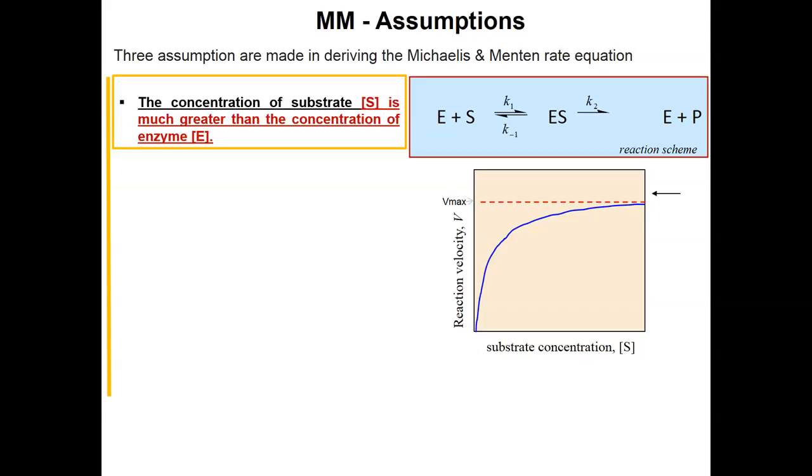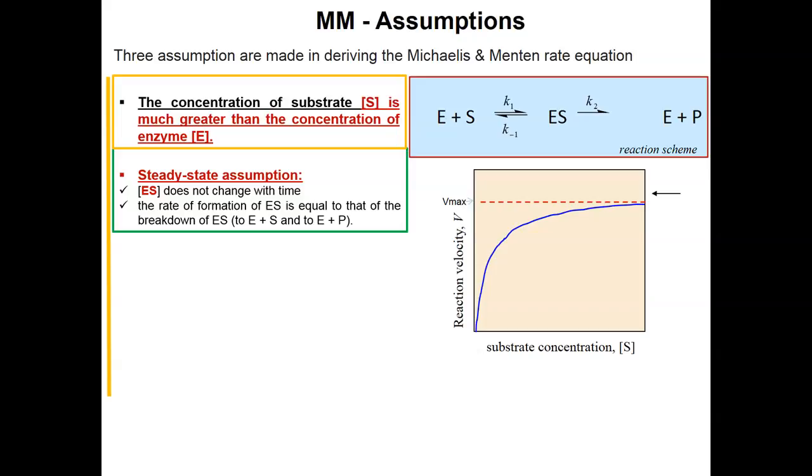Now, the next one is the steady state. Basically, the steady state means the ES complex concentration is constant. The steady state, by definition, is when the rate of formation is equal to the rate of breakdown. So the ES complex concentration is constant, okay?